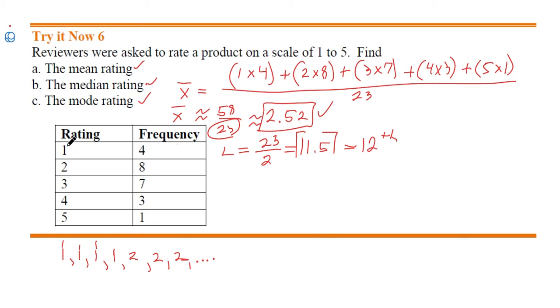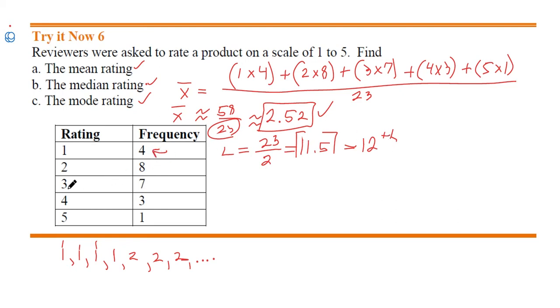So this 1 with a frequency of 4 means the first, second, third, and fourth values are 1s. And then the next 8 are 2s, and the next 7 are 3s. So we can count up to the 12th using this frequency. With the first 4, I haven't gotten there yet. So I keep going. If I go up to 8, it gets up to the 12th number, which is what I'm looking for.